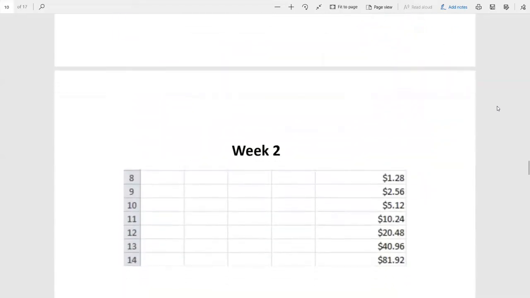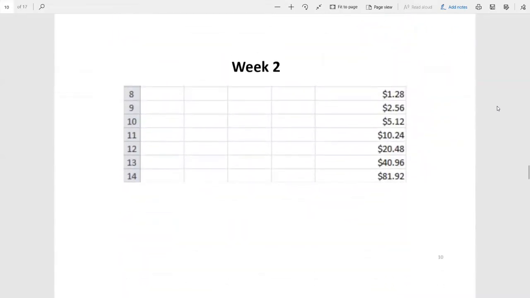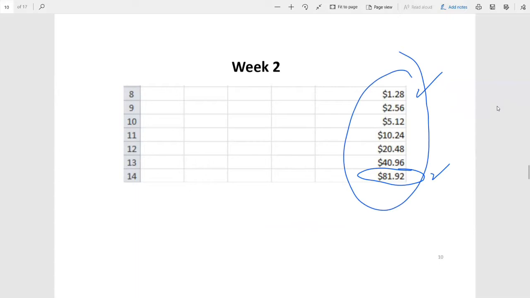Week 2, on day 8, you make $1.28. Finally, you keep doubling that, and on the 14th day, you have made $81.92 for that day. And then, of course, you can add all that up to see what the total will be.